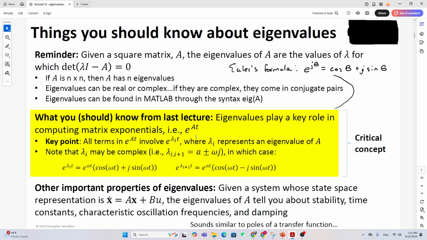The way the system evolves obviously depends on your eigenvalue, lambda i, shown here. So lambda i can be either a real or complex number, as I mentioned. If it is a complex number, of course, you have an omega term, which we use to determine the time constant and also the characteristic frequency.